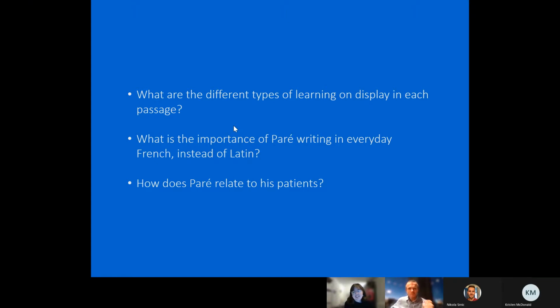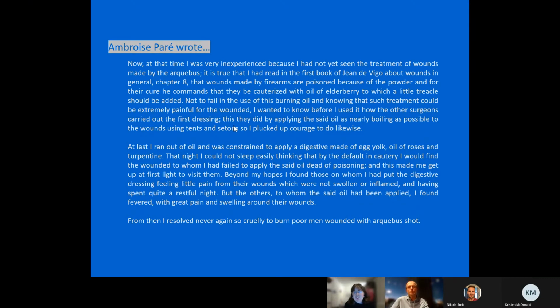Excellent, thanks, Richard. And the final question, just to close off the talk, is how does Paré relate to his patients? So we can go back perhaps onto the passage just to have a look. The context of this is that nowadays we think of the doctors or physicians who treat us in the hospital as being really compassionate, with bedside manner as part of their role, helping us through a difficult experience.